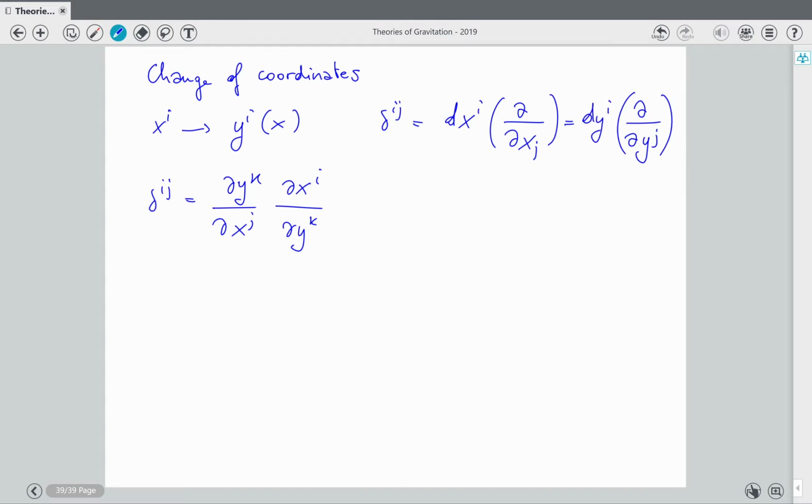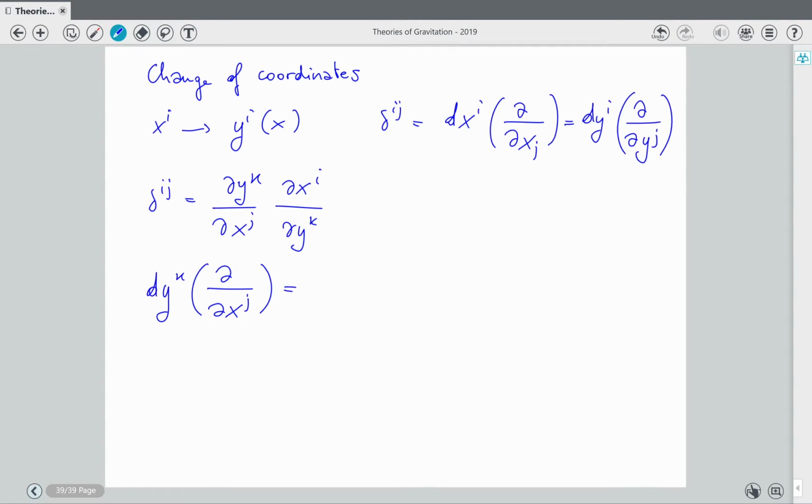Another identity is that dyk acting on partial over partial xj is equal to what? So we want to act with a differential in one coordinate, y, on the basis of derivations with the other coordinates, x.